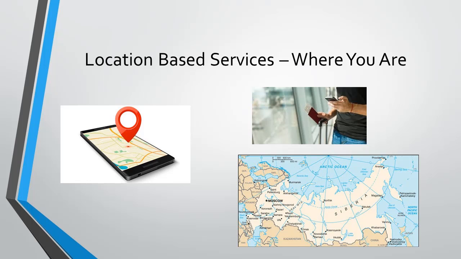This is particularly critical when a user must be in a particular location to access secure information. Most location-based services are used to control specific content and ensure that it can only be viewed in a particular location.